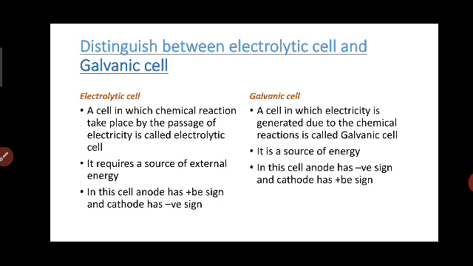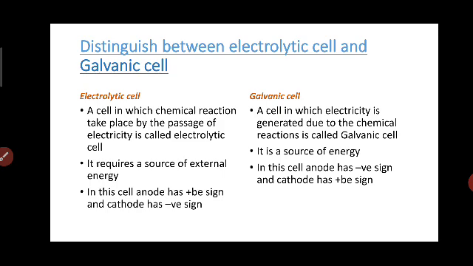Electrical energy is converted into chemical energy in the electrolytic cell. Here, chemical energy is converted into electrical energy in the galvanic cell. So simply, you have to first point out what we are showing in the points.